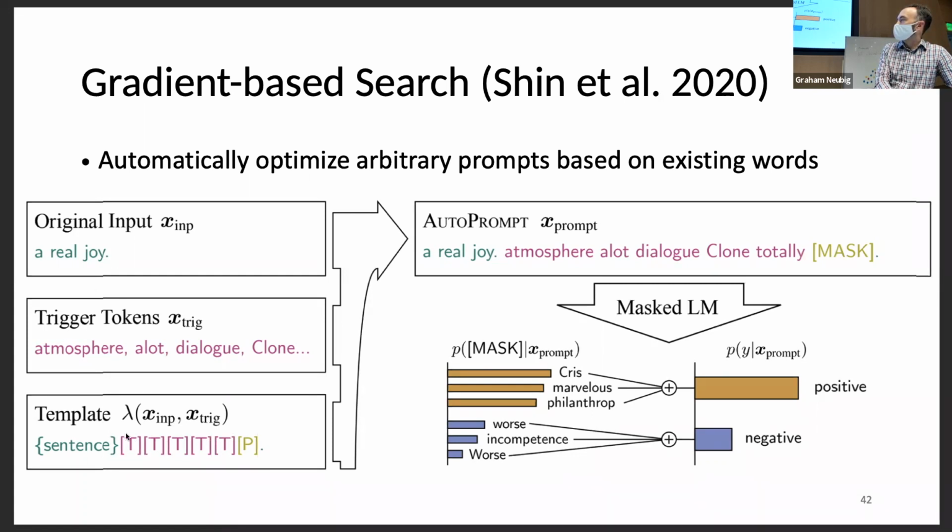Then they find the word that is closest to that embedding, like "atmosphere" or "alot" or "dialogue." So what AutoPrompt does is you put in a real joy, and then you append these five words that happen to be the best words in your vocabulary that would allow you to get the highest probability of getting it correct.